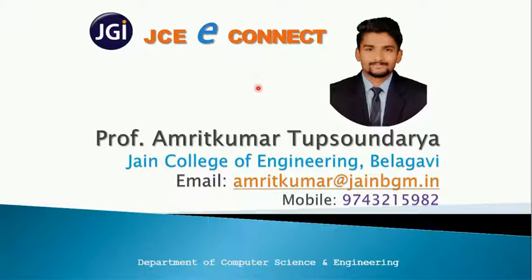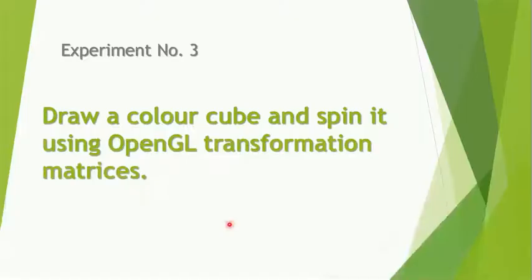So in today's session, we will be discussing the third program of our Computer Graphics Lab, that is to draw a color cube and spin it using OpenGL transformation matrices.